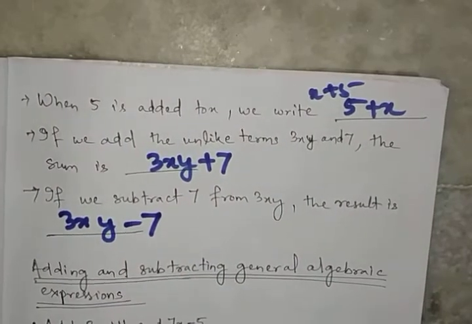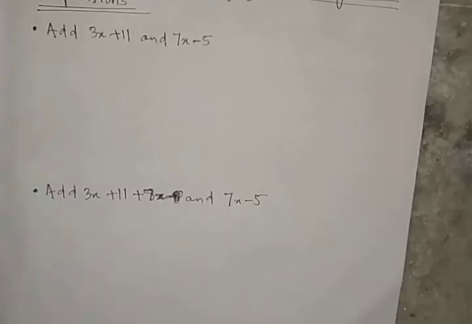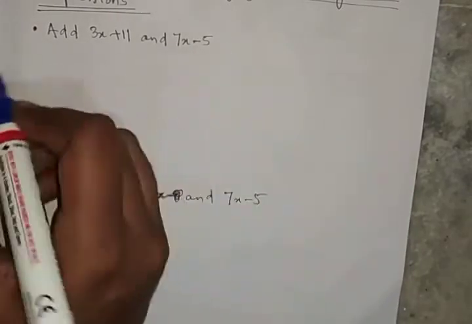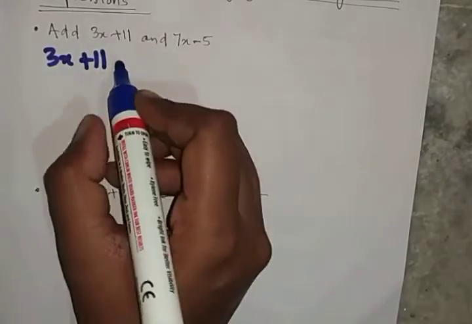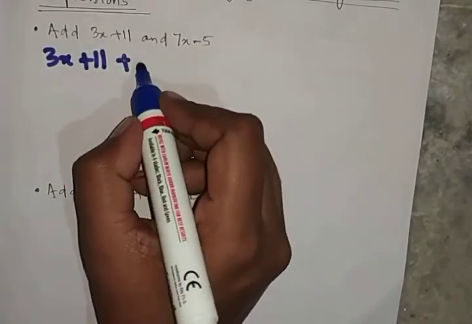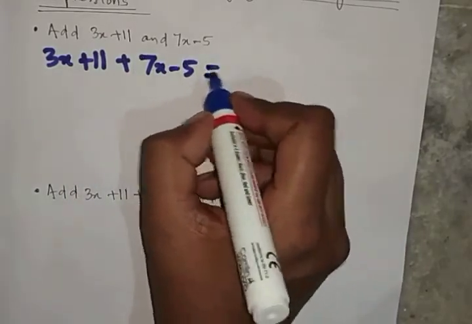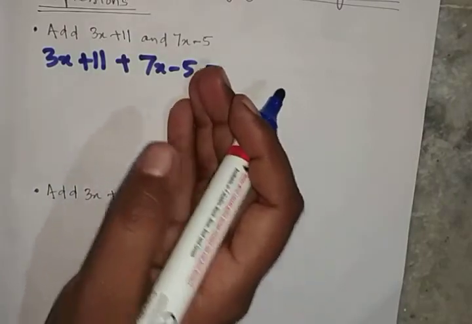Next we will see adding and subtracting general algebraic expressions. So here, add 3x plus 11 and 7x minus 5. So what will you write? 3x plus 11 plus 7x minus 5. What will you do?